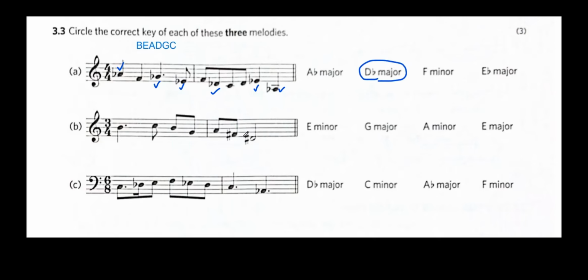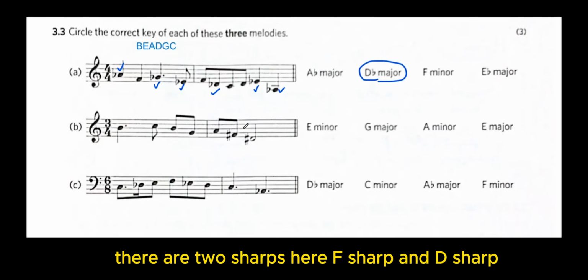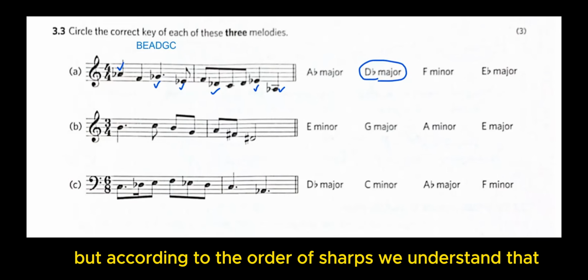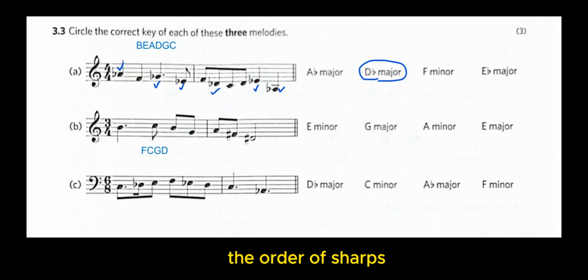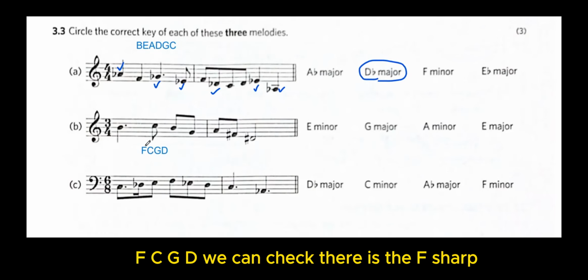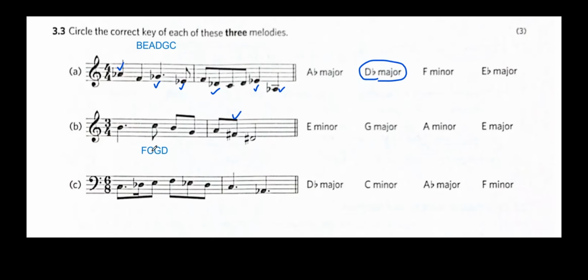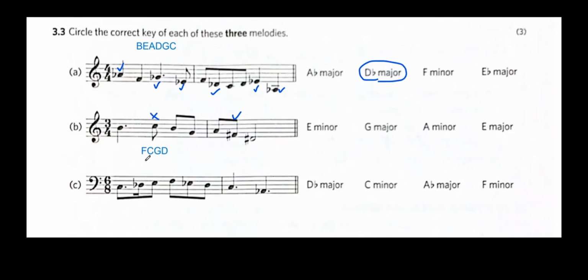B. There are 2 sharps here, F sharp and D sharp. But according to the order of sharps, F, C, G, D, we can check there is an F sharp, but the C here has no sharp. So that's a problem.